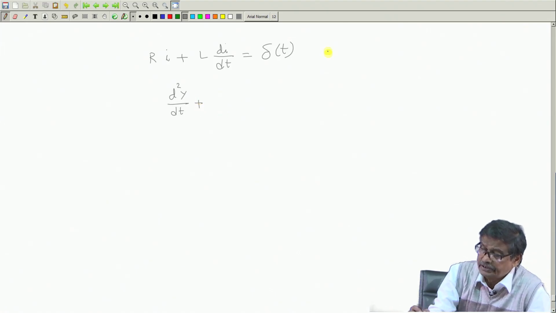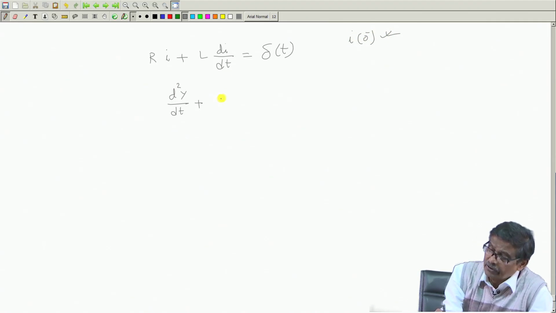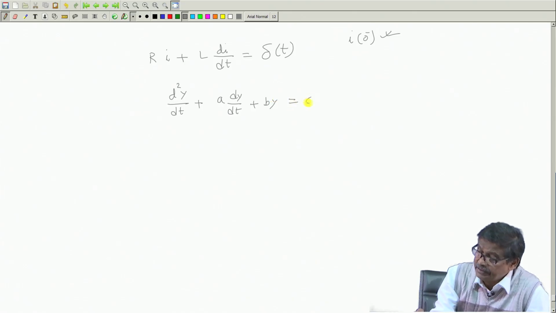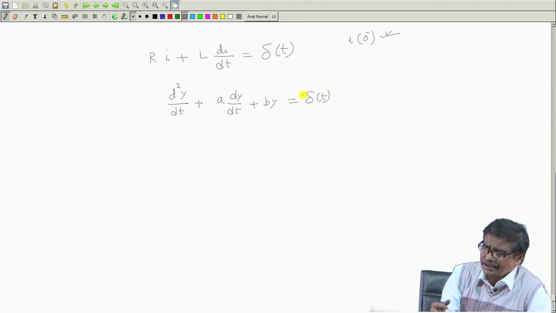In a first order system, how many boundary conditions did you require? I(0 minus) must be known, then only you can solve the circuit. Now, let us consider a second order differential equation, a dy/dt plus b y, suppose it is excited by delta t. It could be mechanical, electrical, whatever be the system.